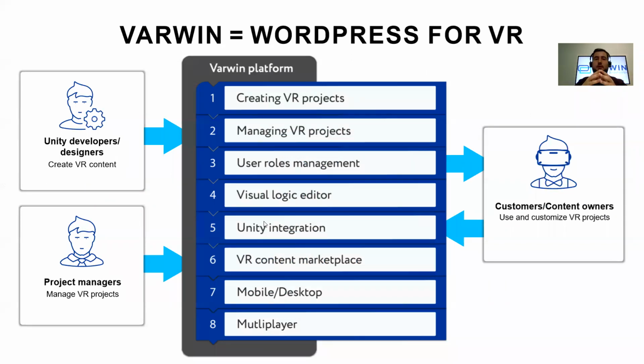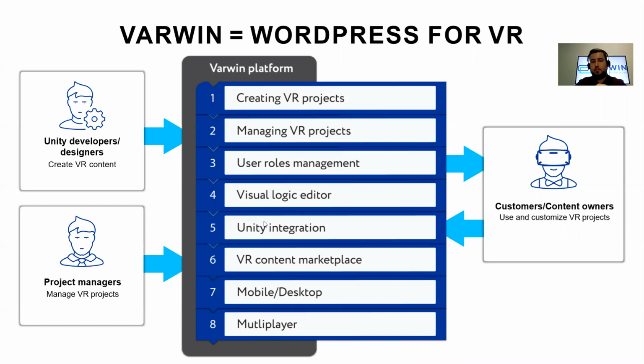As I told you before, we simply think that Varvin is something like WordPress for VR. Right now, our platform allows users to create VR projects, manage them, and use role management. We have a visual logic editor, Google Blockly, which I showed you earlier. We're integrated with Unity. We have a VR content marketplace, and we're working hard to make it even better and bigger.